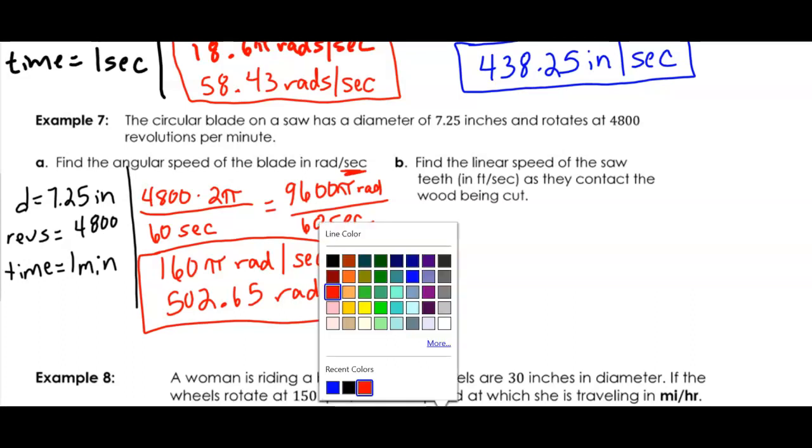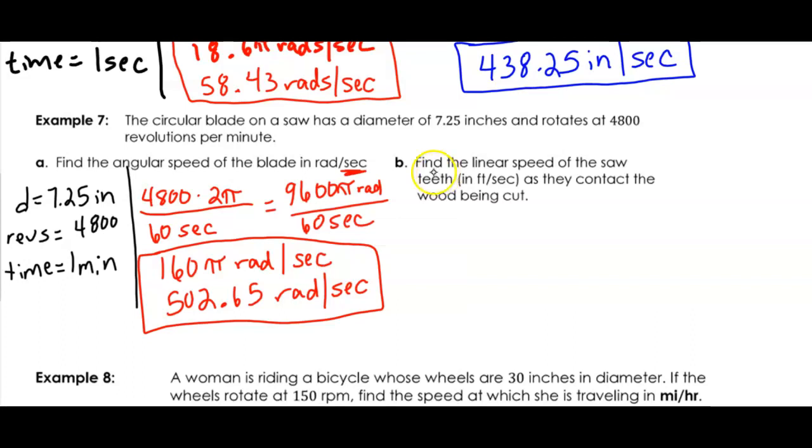And then if we want to go ahead and find the linear speed for this, so we want our linear speed of the saw in feet per second. So take your number of revolutions, 4,800, times your circumference. So they gave us the diameter, so I'm just going to use pi d. So 7.25 is my diameter times pi. So that's my circumference right there.